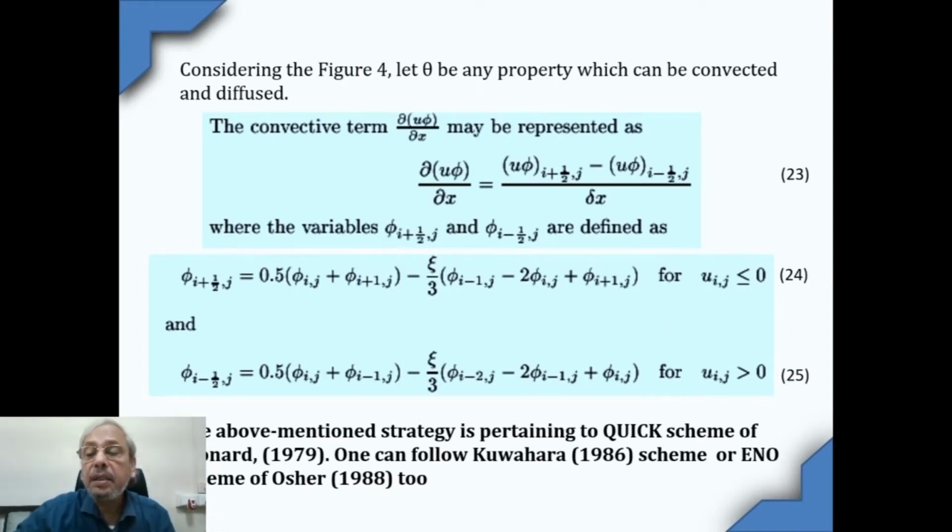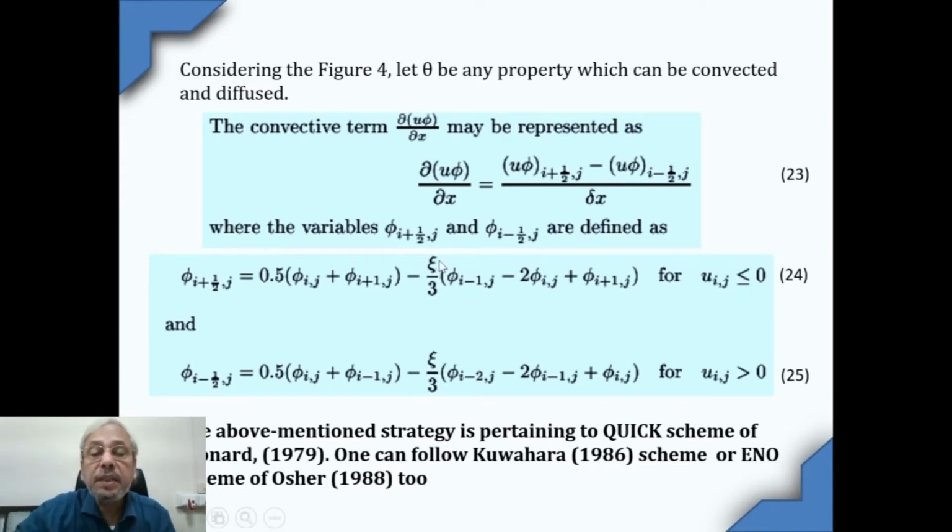Separate expressions are written for upwinding, and you can see if local velocity is negative, then it will have the expression which is given by 24, and the local velocity is positive, then the expression is given by 25, because depending on the direction of the velocity, we have to engage the upstream points.